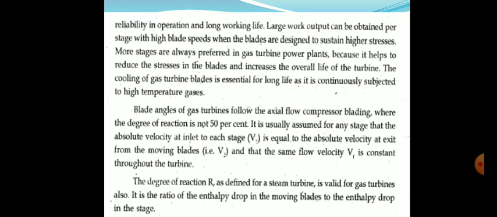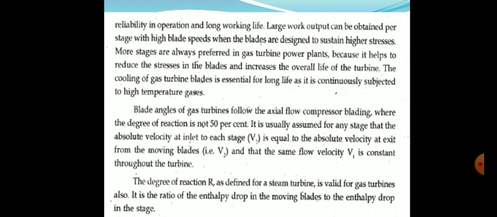The cooling of the gas turbine blades is essential for long life as they are continuously subjected to high temperature gases. Blade angles of gas turbines follow the axial flow compressor blading, where the degree of reaction is not 50%.